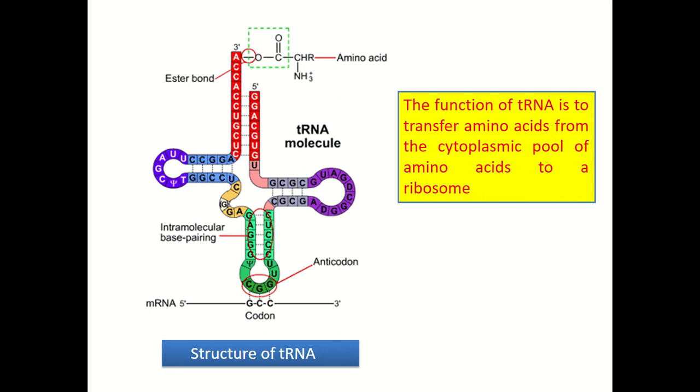The function of tRNA is to transfer the amino acid. The amino acid is attached here at the three prime end, and tRNA transfers it from the cytoplasmic pool of the cell to the ribosome, because the translation process occurs in the ribosome.